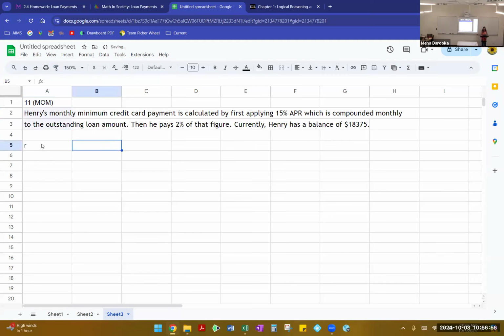So rate of interest is 15%. So I'm gonna change that to a percentage, and then of course, make sure it's 15%. Alrighty. Compounded monthly, so your N value is going to be 12.